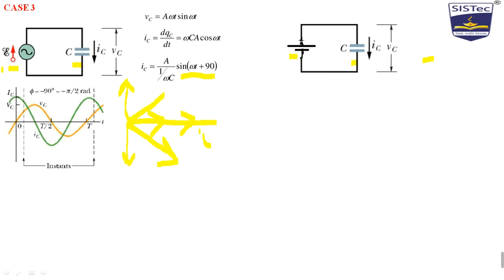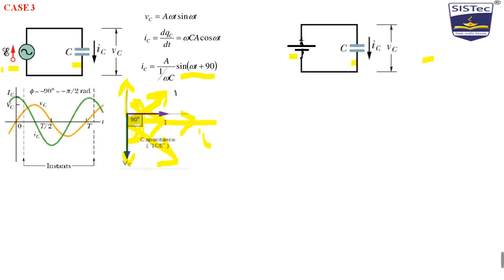If C is more, the current will be in this direction. So you have understood that this current is continuously changing its angle with this voltage, according to the effective values of R, L and C.